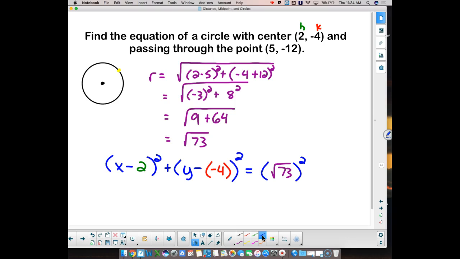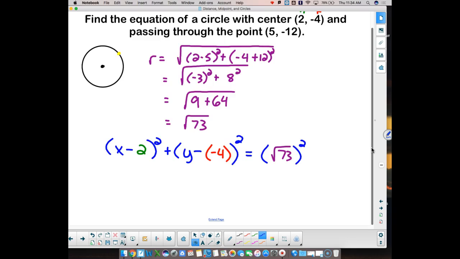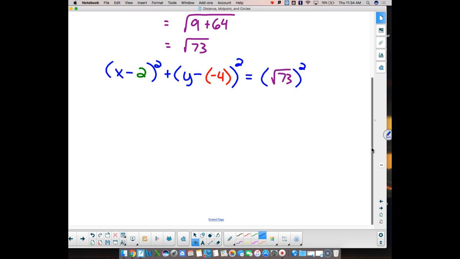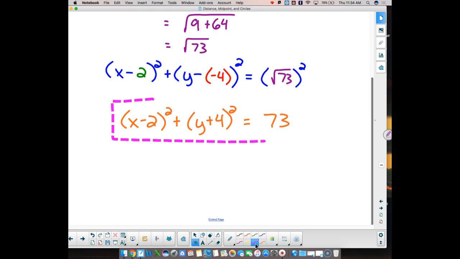Move that down so the people in the back can see. So my final answer here would be x minus 2 quantity squared plus y plus 4 quantity squared is equal to 73.